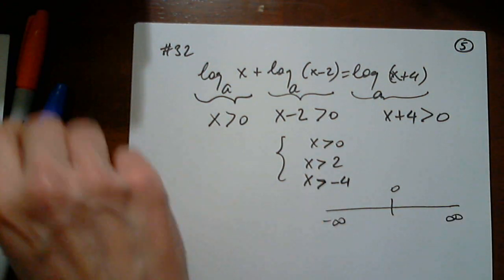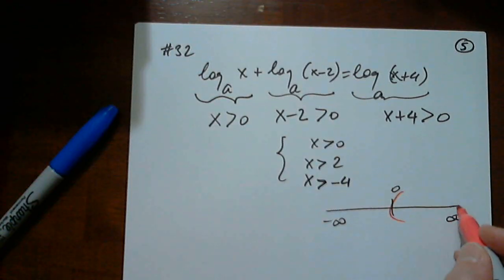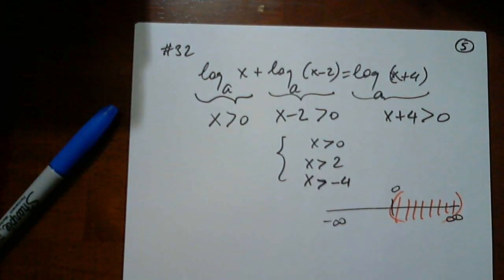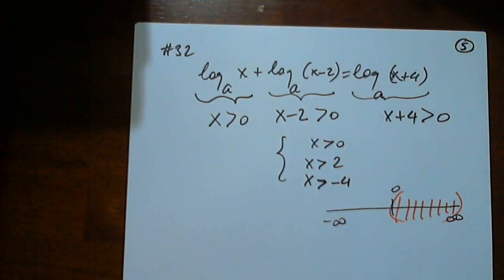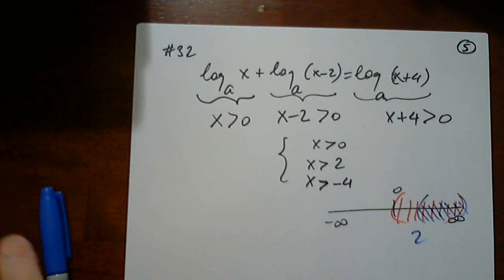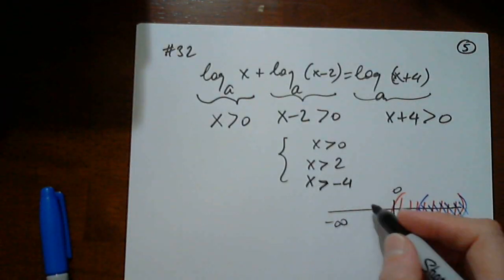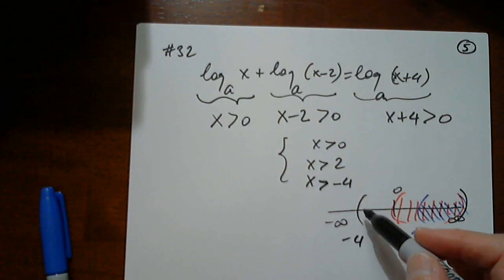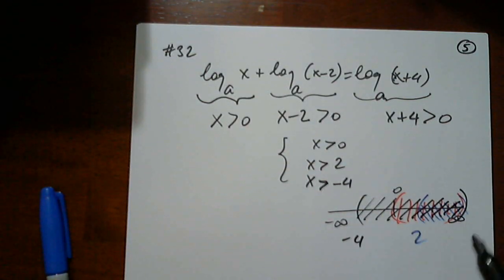So here's the first one, greater than 0. Here's the next one, greater than 2. And here's the last one, greater than -4, of course. And we have to choose where all 3 colors exist, because all 3 conditions have to be fulfilled at the same time.